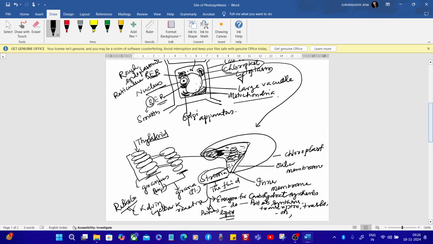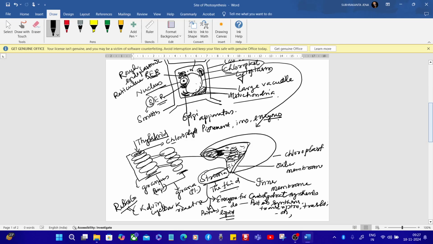And inside the disc, the thylakoids, you will get the chlorophyll pigment, certain ions, and also some enzymes.